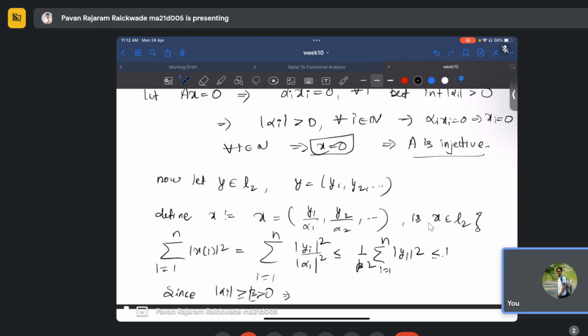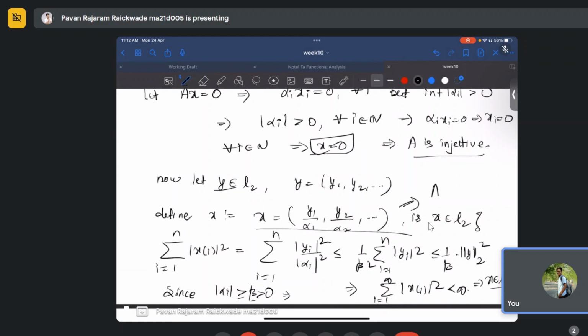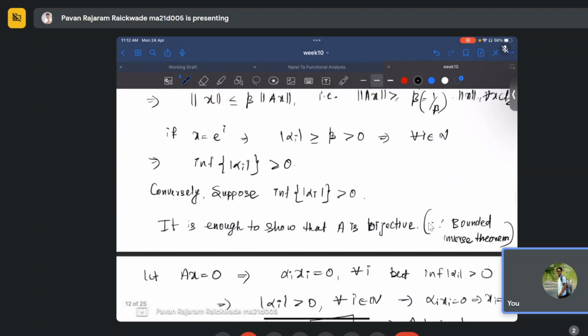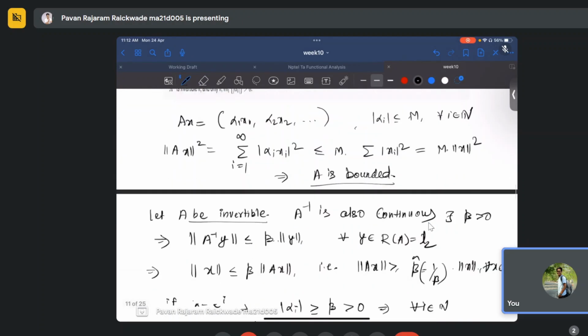This is less than or equal to 1 by beta squared times the norm of y squared. That means the summation of mod x_i squared converges, is finite, hence x belongs to L2. So we have the pre-image for every y as this x. That is, Ax is y, which implies A is surjective. Injective and surjective means bijective, and by the bounded inverse theorem, its inverse is also continuous.